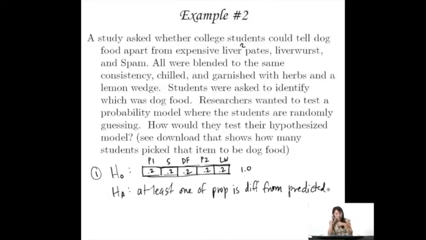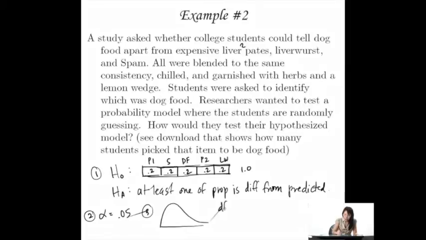Okay, so once we have that, we could set our alpha to be 0.05. Our decision stage, we could draw chi-square. And our degrees of freedom, we now have 5 categories, and so our degrees of freedom is 5 minus 1, which equals 4.